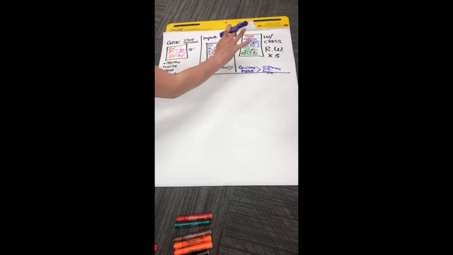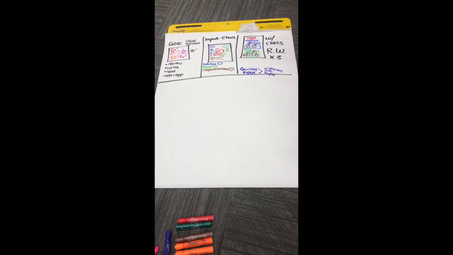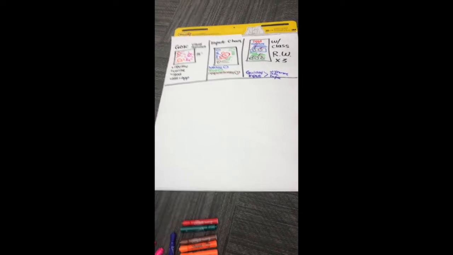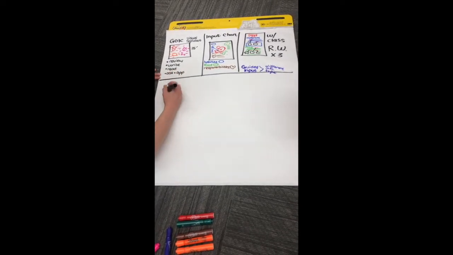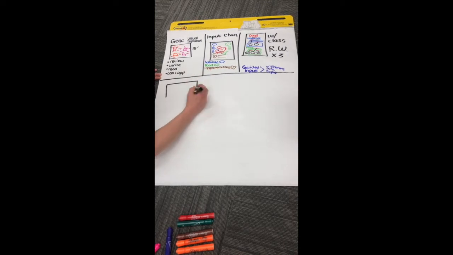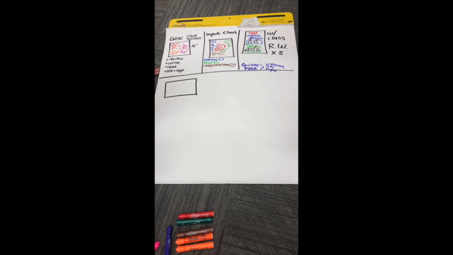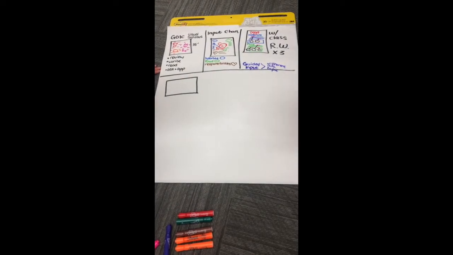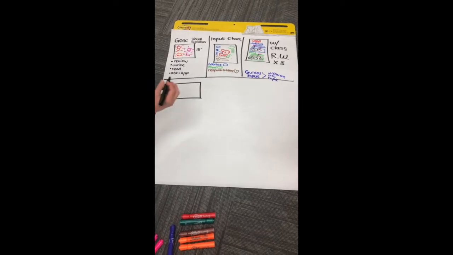So then once you've processed this, what you're going to do is a class mind map. Okay. Do you remember what they look like? Yes. So tell me how to draw it. So you're going to do an animal in the center.